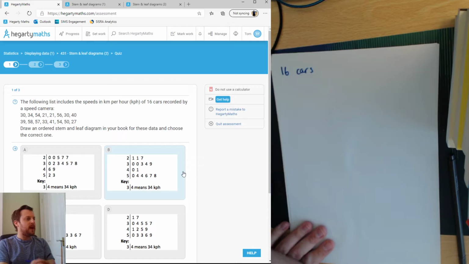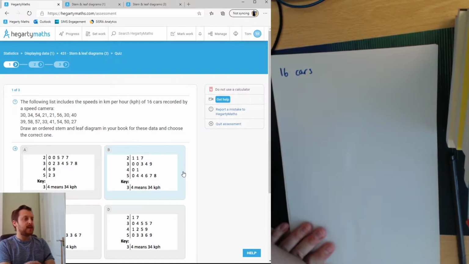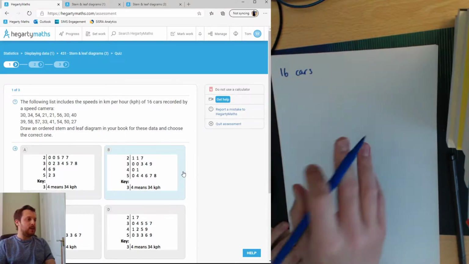Now, one thing you can be asked to do in an exam is draw a stem and leaf diagram or interpret a stem and leaf diagram. This is something to do with data, and you need to know about it.